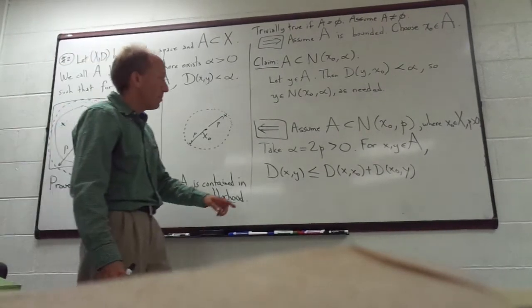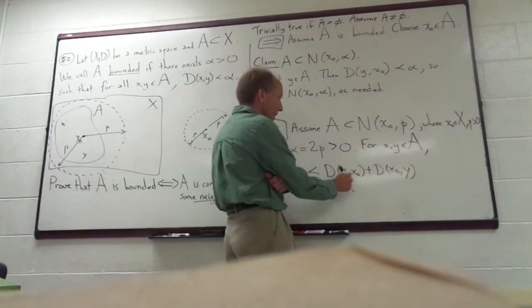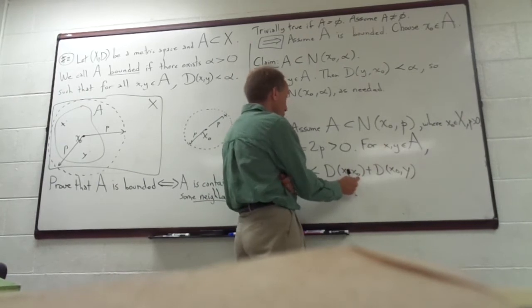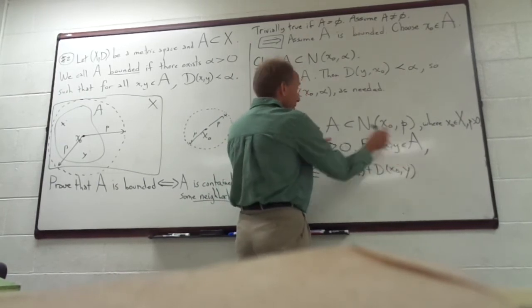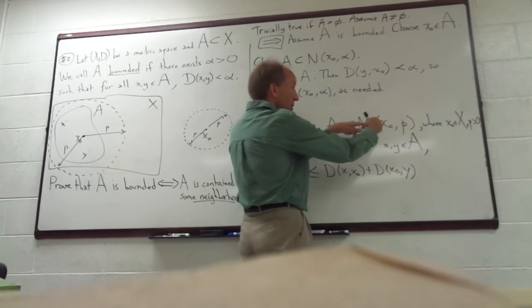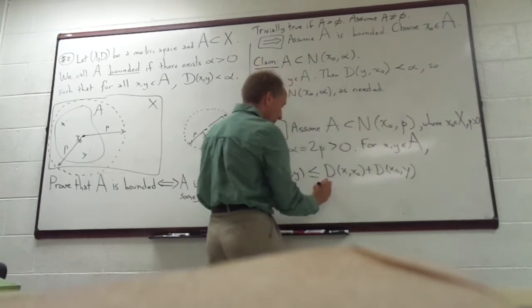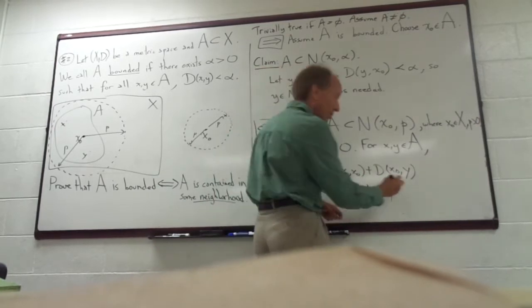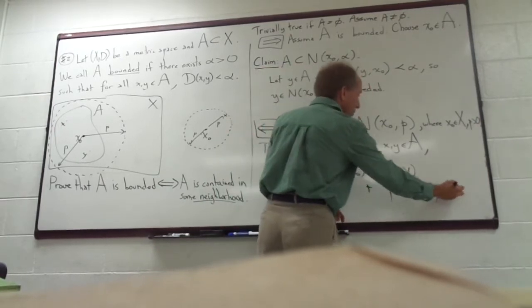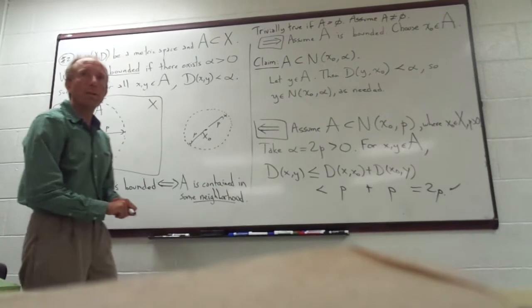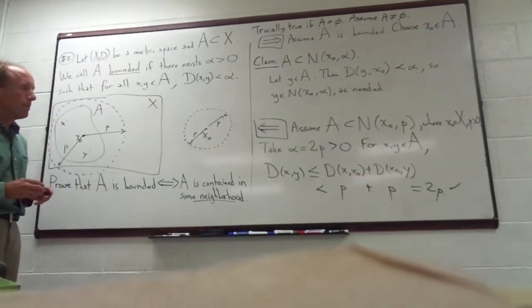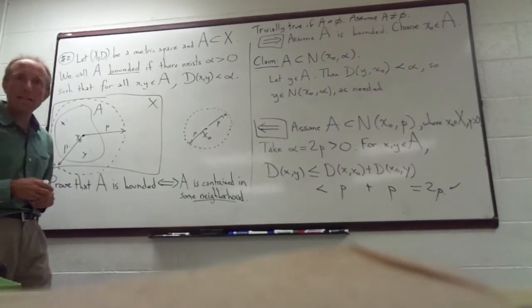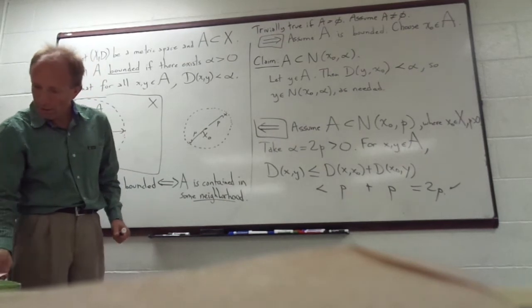How far apart is x from x naught? Well, I don't know, but I do know that x is in A, and A is in here. So the distance between x and x naught is definitely less than p, and same thing for the other one. So this just gives you 2p, and you're good to go. Done with the proof at that point. Does that make sense, guys? Nice little problem. Nothing too hard about it.